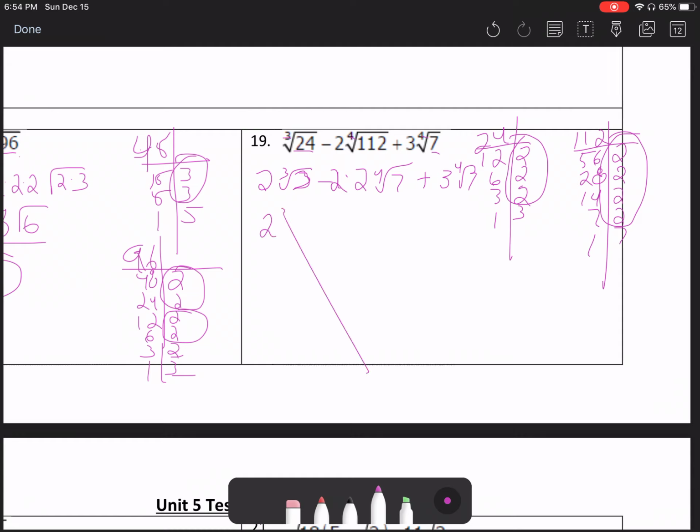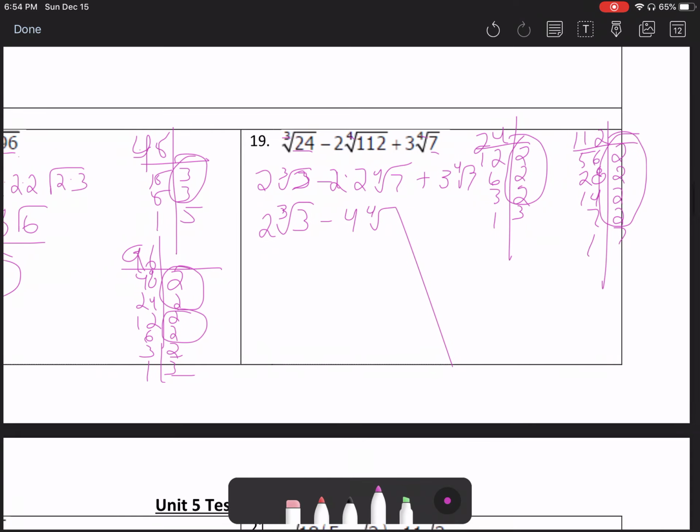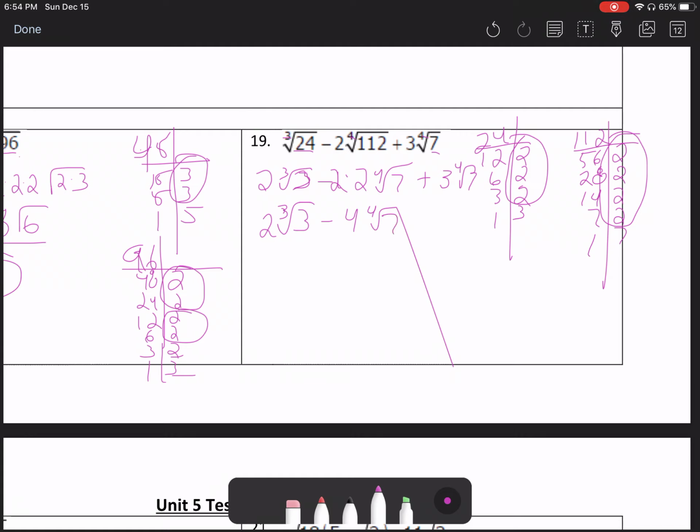So I rewrite this. This is going to be 2 times the cubed root of 3 minus 4 times the 4th root of 7, and then plus 3 4th root 7.